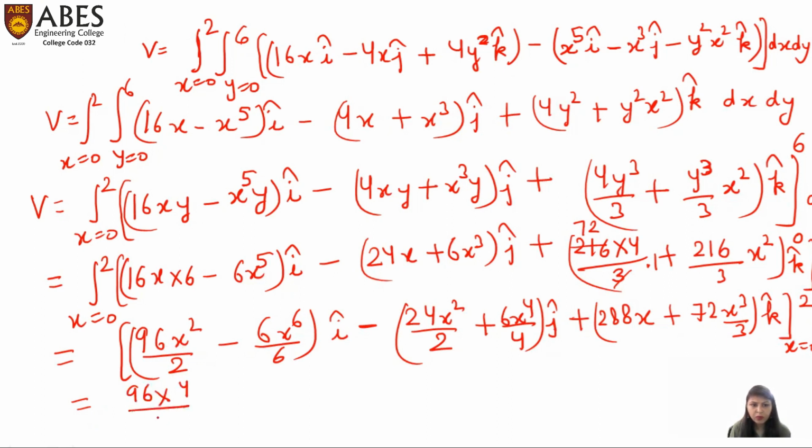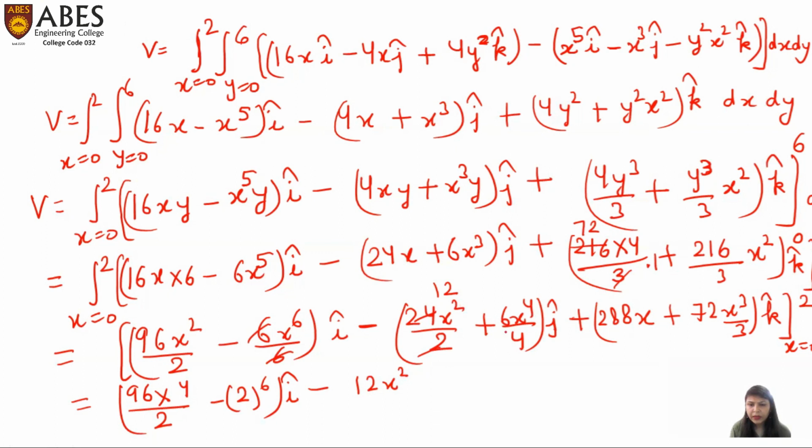So this will give you value minus 6 power 6 into i cap minus 12x square.